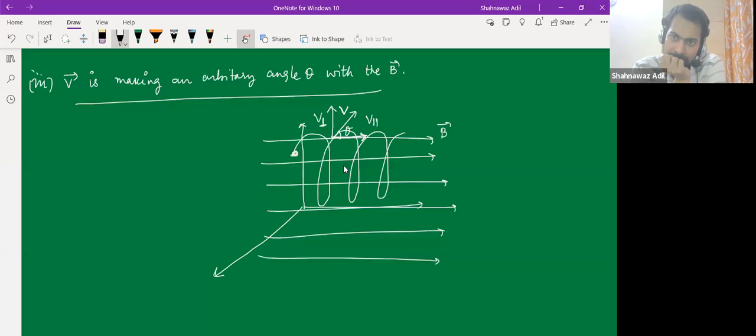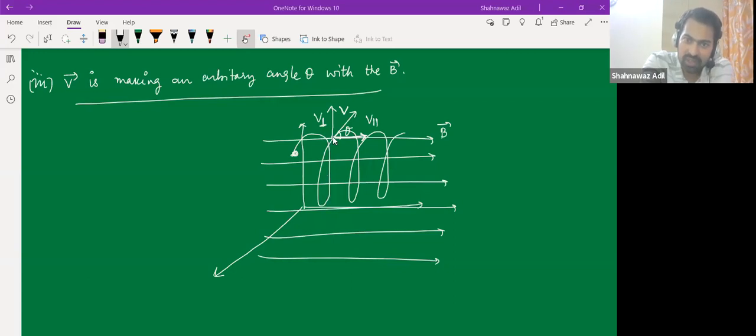Centripetal force. Yes. What did you say, Aisha? Whatever your answer is, please tell me again. Good, good. So this perpendicular velocity will make the charge move in circular motion. Right, absolutely good. So this will make it move in this circular path.